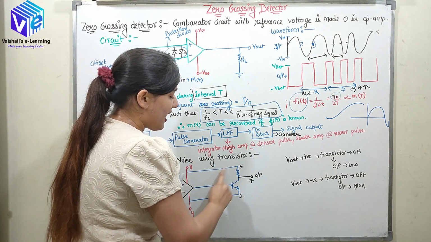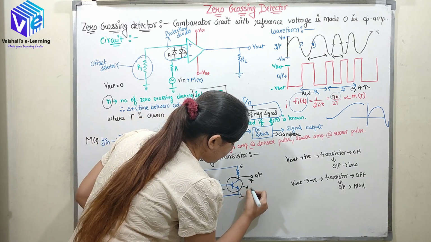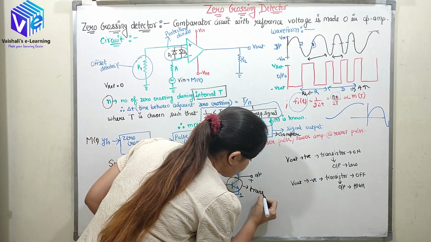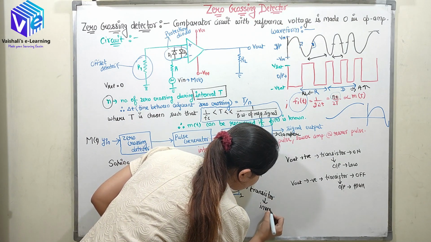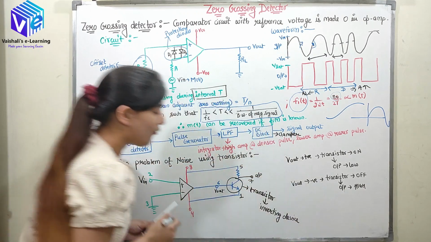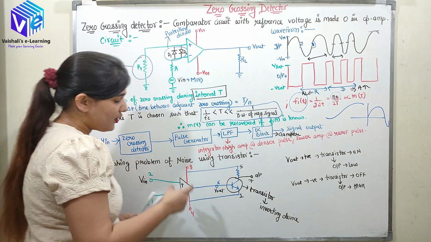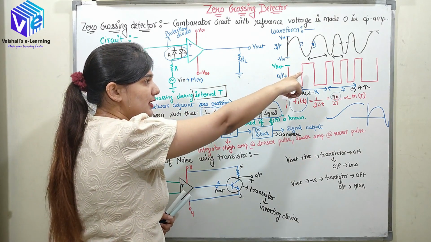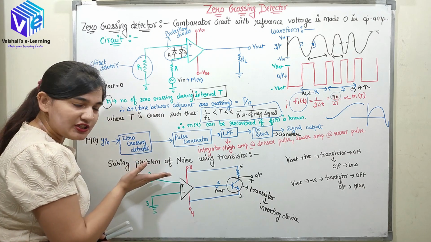It is because I have already added the transistor, which is an inverting device. So whatever the output will be, the transistor will be inverting it. So to get the same output as we got here, we'll be supplying our voltage to the positive terminal here.